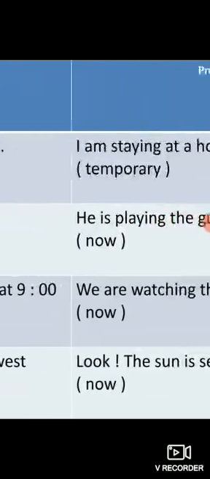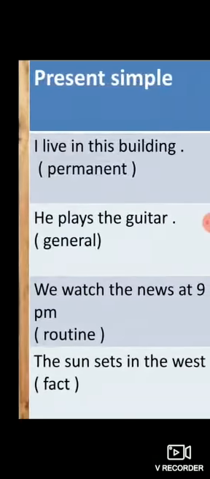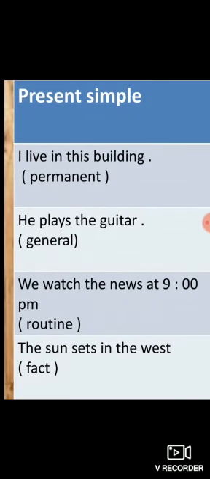Here we could say he's playing the guitar. That means he's doing that now, at the moment of talking. Okay, another example. We watch the news at night at 9 p.m. This is a routine.